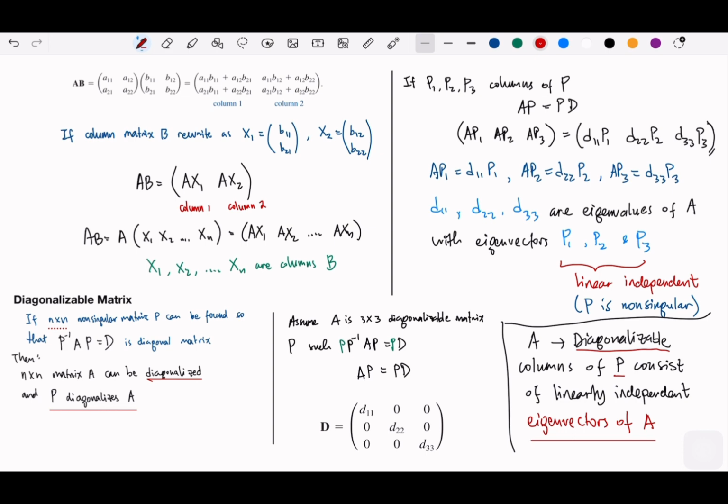For sure, the first theorem is that the eigenvectors should be linearly independent. And then we also need to calculate how many eigenvectors there will be.